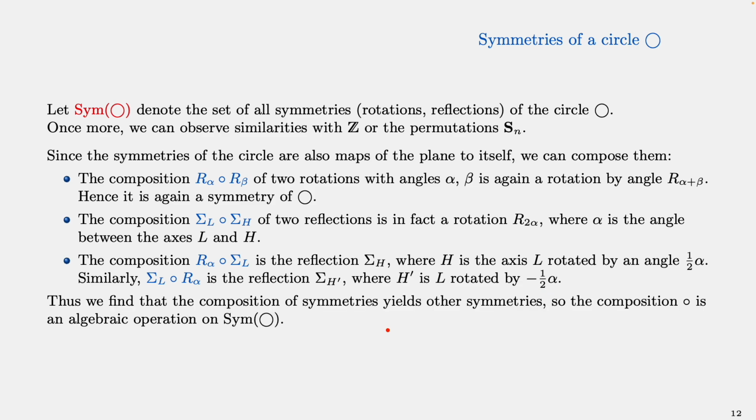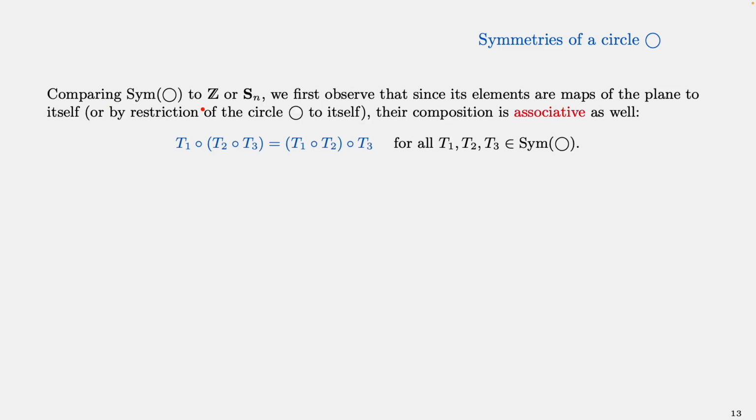In this way, we find that the composition of symmetries yields again other symmetries of the circle. So composition is an algebraic operation on the set Sym circle, on the set of symmetries of our circle. Now let's compare this to the integers or to the permutations. And the first thing we notice again is that since the elements of Sym circle are maps of the plane to itself, or by restriction of the circle to itself, their composition is associative.